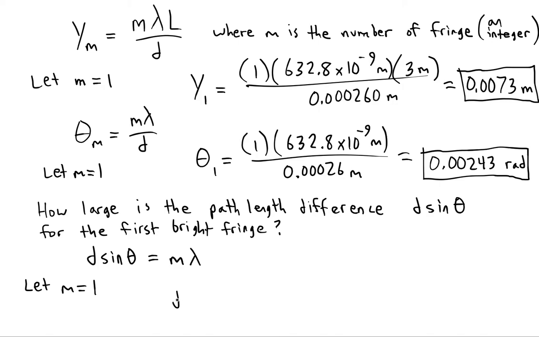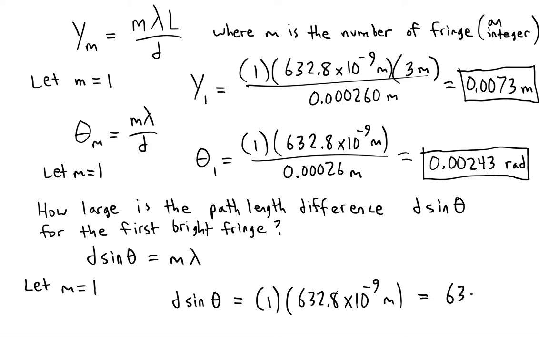And so d sine theta has to equal 1 times the wavelength. Which is, of course, the wavelength. And that's how large the path length difference has to be for a bright maximum to occur.